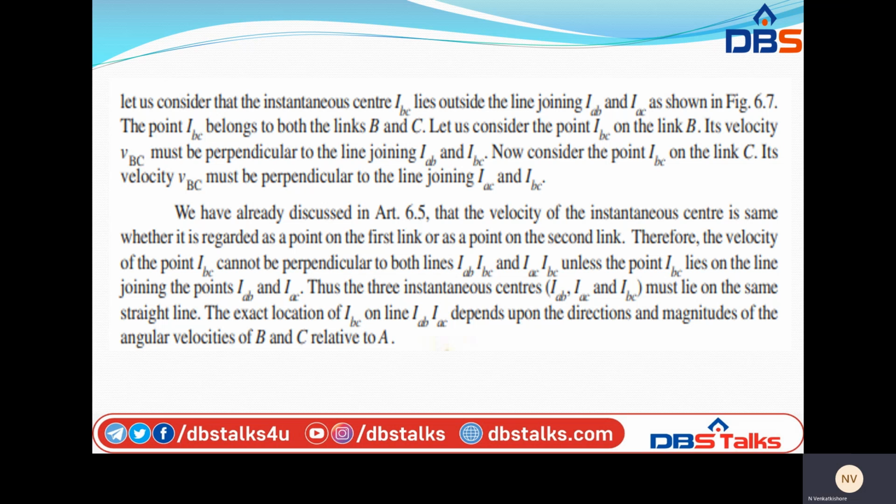Now consider the point IBC on link C. Its velocity will be VBC, which is perpendicular to the line joining IAC and IBC. We have already discussed that the velocity of the instantaneous center is the same whether it is regarded as a point on the first link or as a point on the second link. Therefore, the velocity of the point IBC cannot be perpendicular to both the lines IAB-IBC and IAC-IBC.